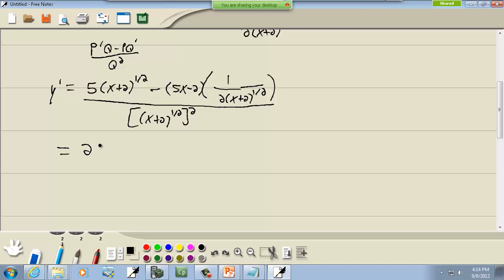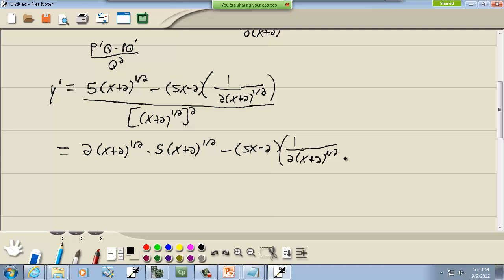So I'll multiply this first piece by it. Multiply times the 5 times x plus 2 to the 1/2 minus 5x minus 2, 1 over 2 x plus 2 to the 1/2.